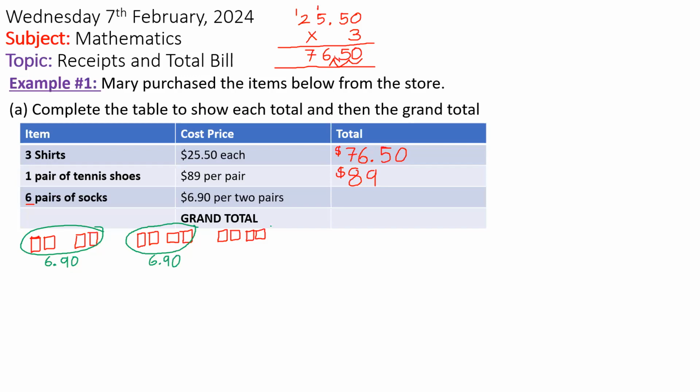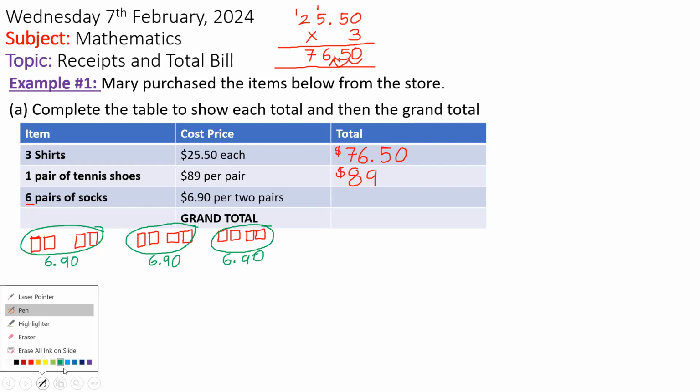And then for these two, $6.90. Very good. So basically what we have to do is $6.90 plus $6.90 plus $6.90, which is basically $6.90 multiplied by what? 3. Multiplied by 3. Very good.